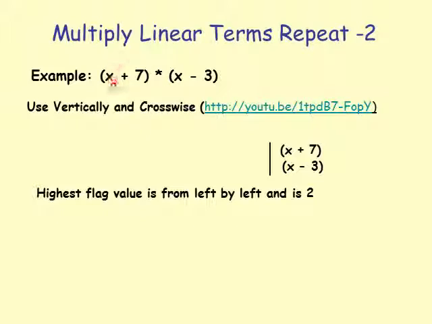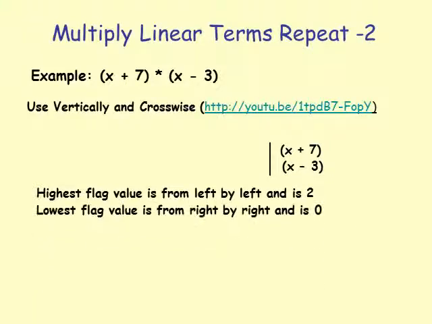If I multiply left by left, I get flag 1 plus 1, which is 2. This is my highest flag value. The lowest flag value is from right by right, which is flag value 0.